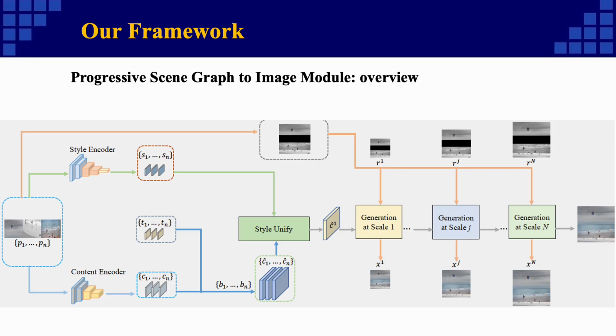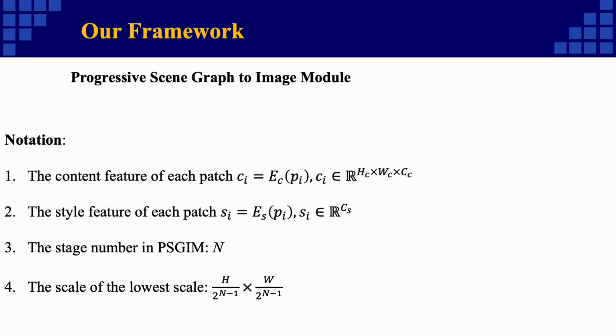To synthesize realistic and high-resolution images, we use hierarchical gated convolutions and propose a patch-guided spatially adaptive normalization module. We have some notations in this module. Our generation module first uses a content encoder EC and a style encoder ES to extract different features from the object group Pi.